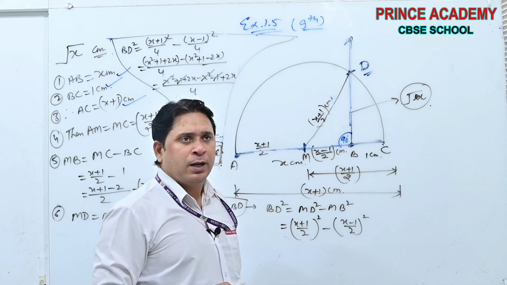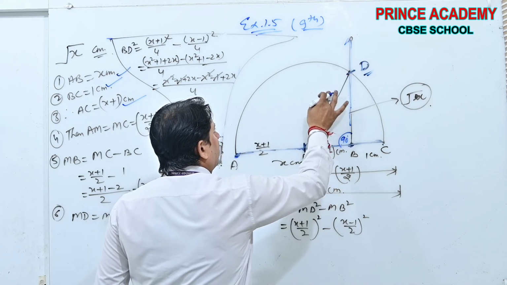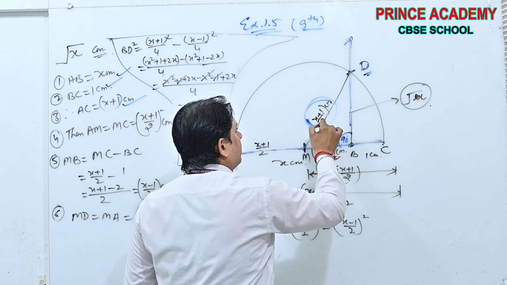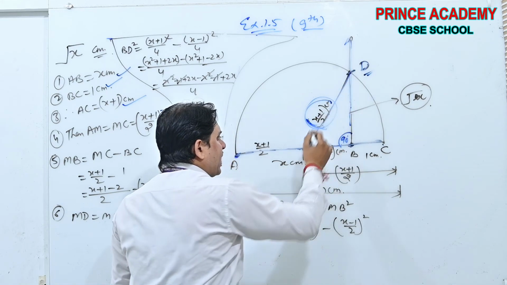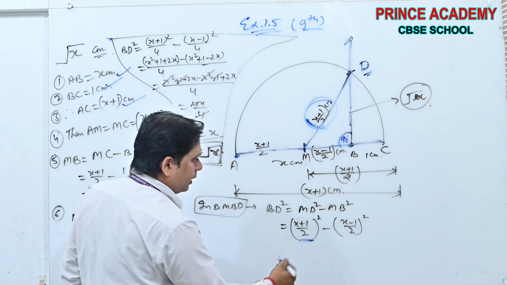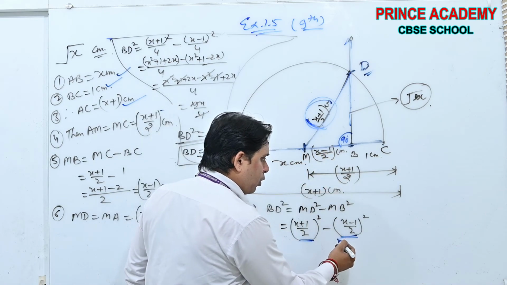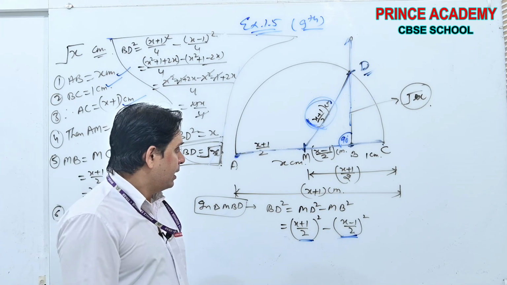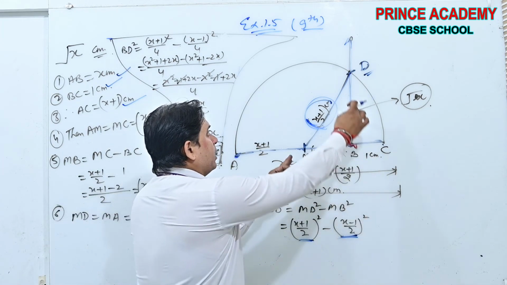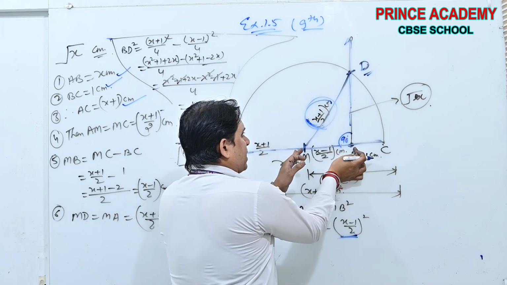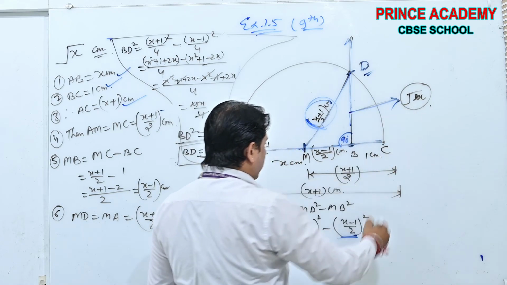Join MD. Now see, beta, what is this? MD is x plus 1 by 2, and MB is x minus 1 by 2. Done. And MD square minus MB square: hypotenuse square minus base square will give you perpendicular square.